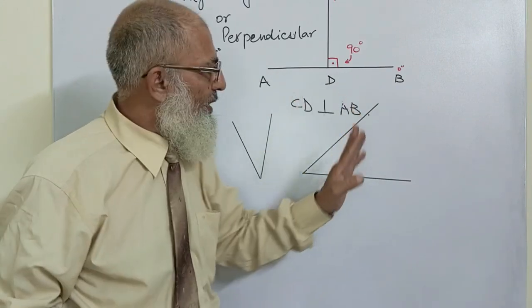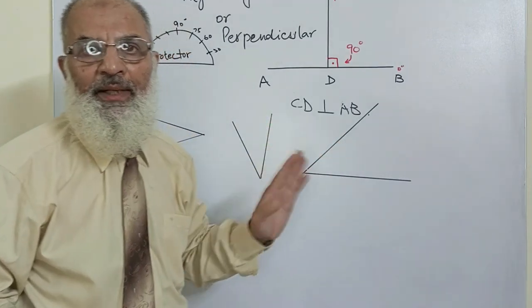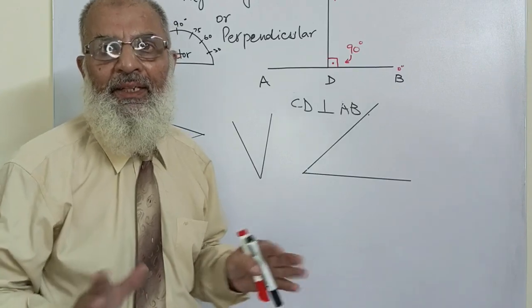If it is 89-degree, then it comes into the category of acute angle. That means the acute angle is the angle which is less than 90-degree.